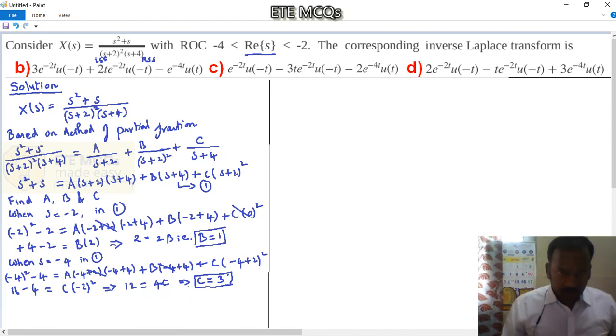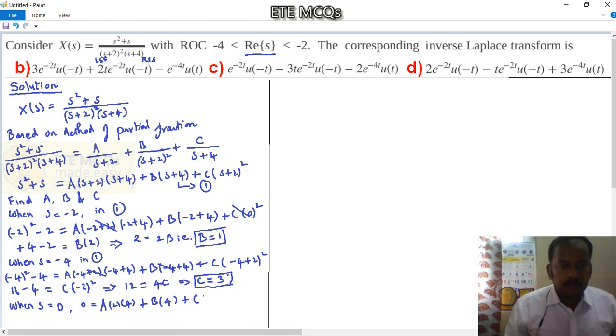When s is equal to 0, we get an algebraic expression which contains A, B and C. Substituting B and C, we can get A. When s is equal to 0 in 1, we have 0 equal to A into 2 into 4 plus B into 4 plus C into 2 squared.